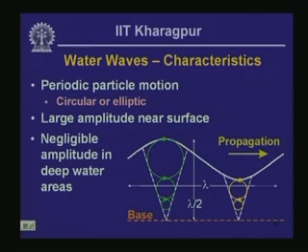of water particles in which the particles move in a circular or an elliptic pattern, and this particular motion actually leads to the generation of an undulation on the surface of the water, and this undulation is of periodic nature, as is indicated on the bottom right sketch in this particular slide.